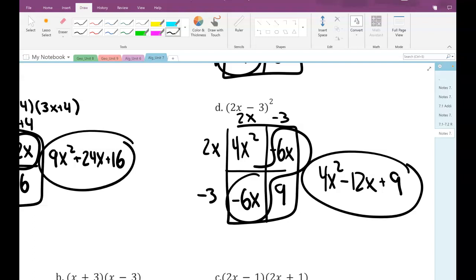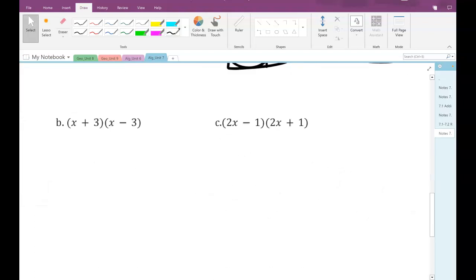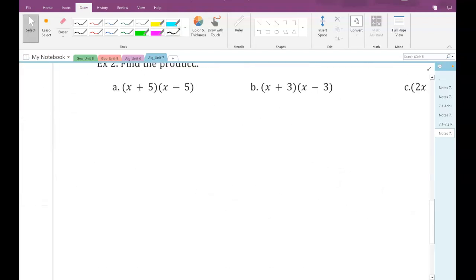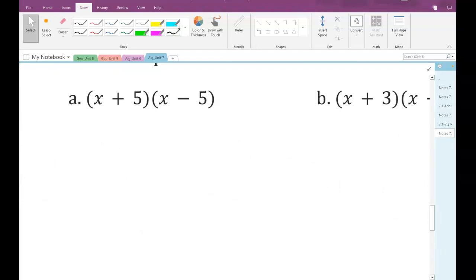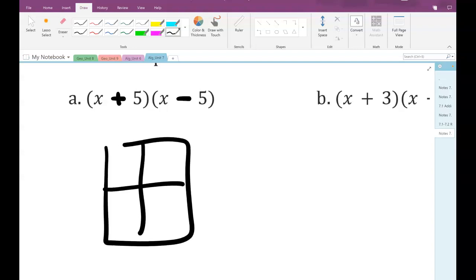If you go to the three examples on the bottom, we call this a special product because we have a plus 5 and a minus 5 here. So we have the same term, it's just one's positive, one's negative. And when we have that, we'll have something consistent happening along our diagonal.